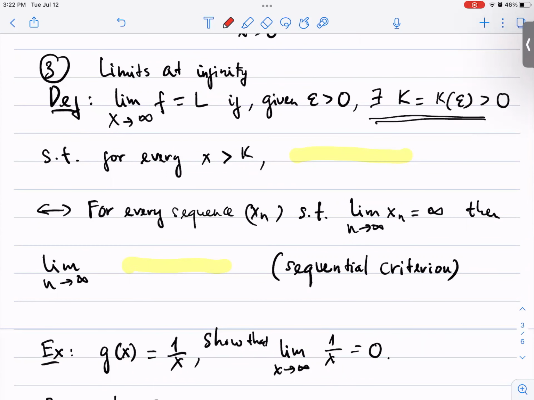Now, another extension of the limit is about limits at infinity. Here is the definition.